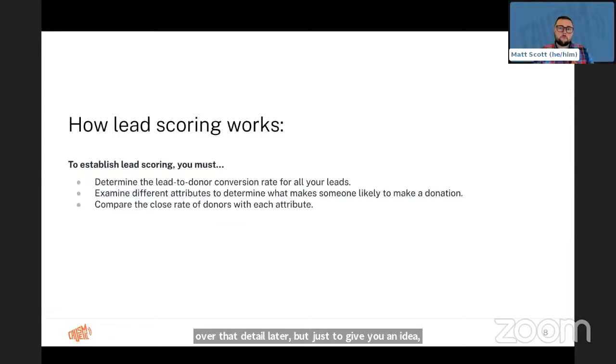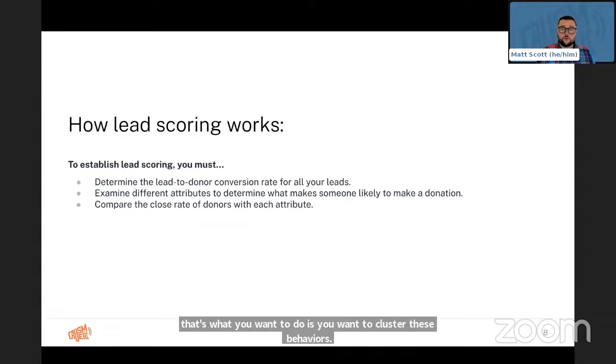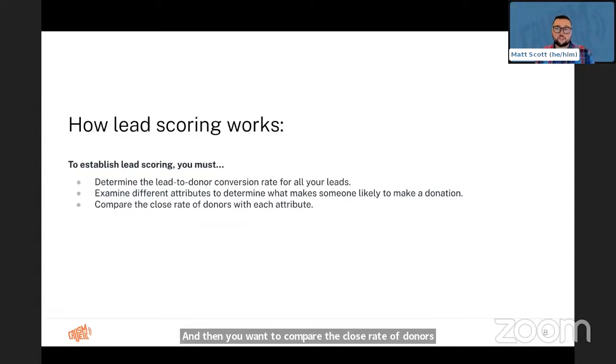And then you want to compare the close rate of donors with each of these attributes. So what is that close rate for people who volunteer versus people who have benefited from the program? How does that look against that benchmark? So again, just using that example of the Humane Society, we just toured a Humane Society the other day, and you can go and you can volunteer to walk a dog.